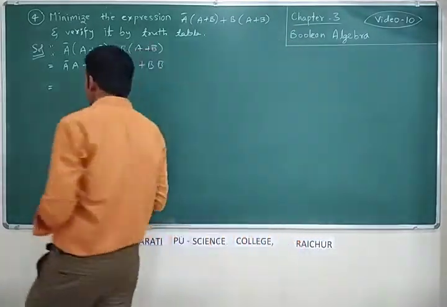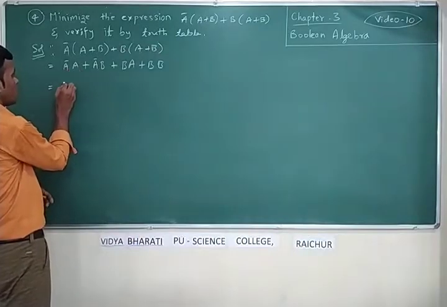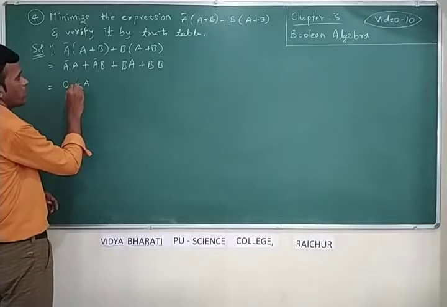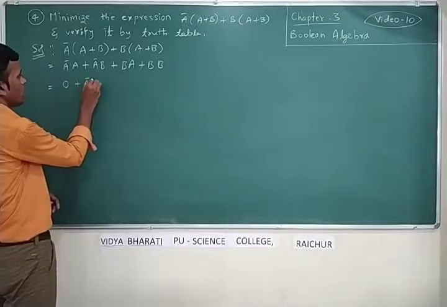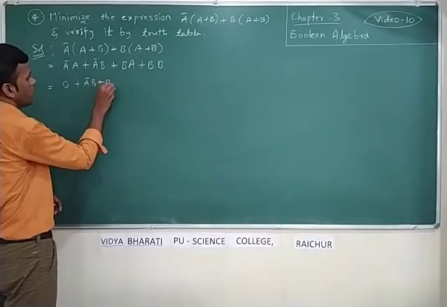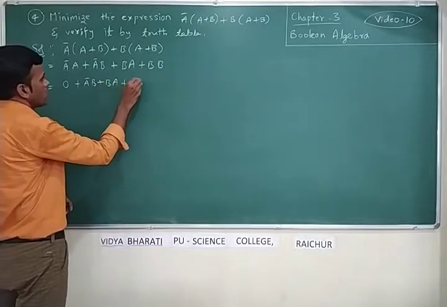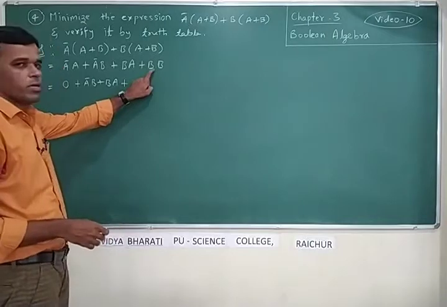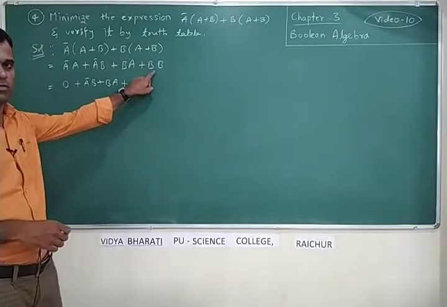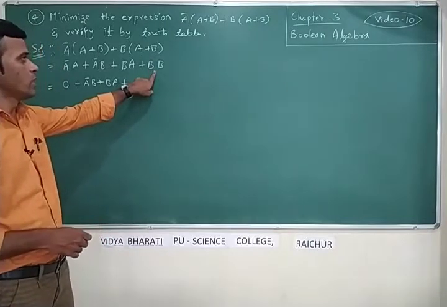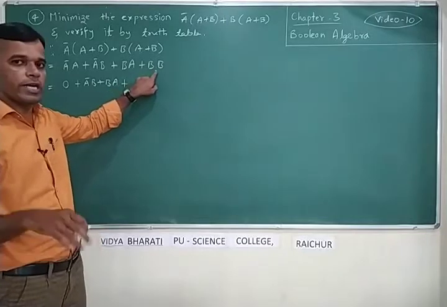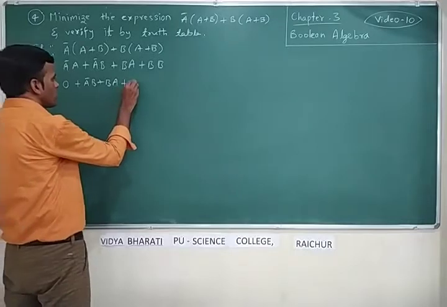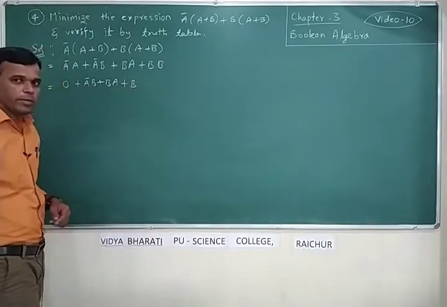So A bar into A is 0, plus A complement B, plus BA plus, in the same step, I can use one more theorem of Boolean algebra. When a variable is ANDed with itself, the answer is the variable itself. Using that we can write just B.